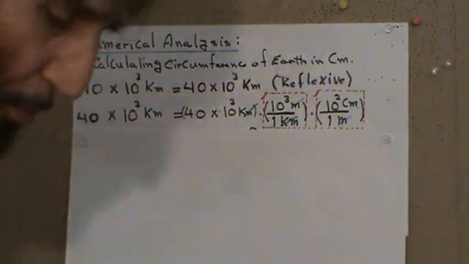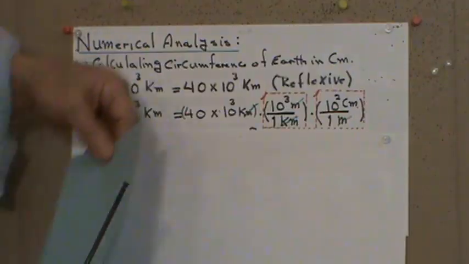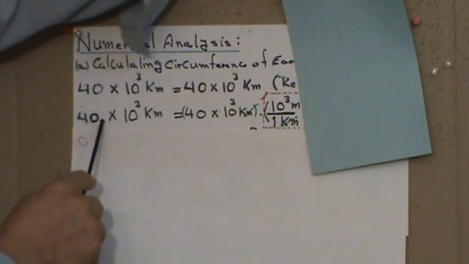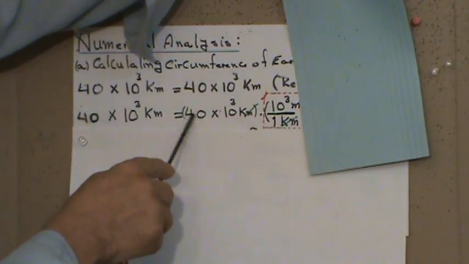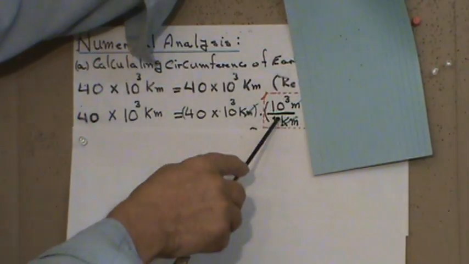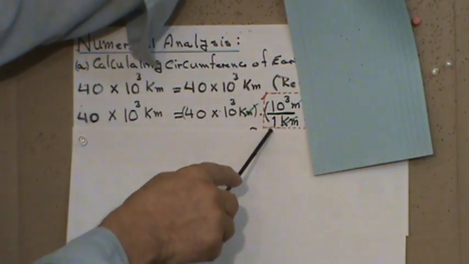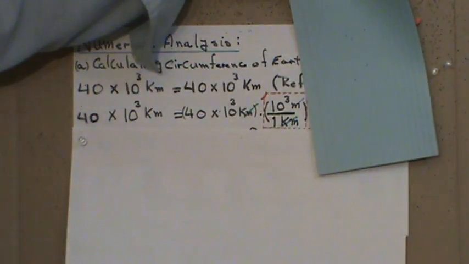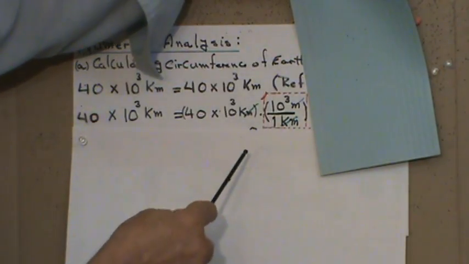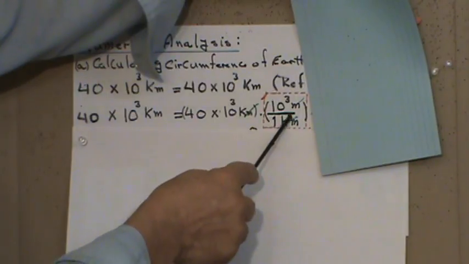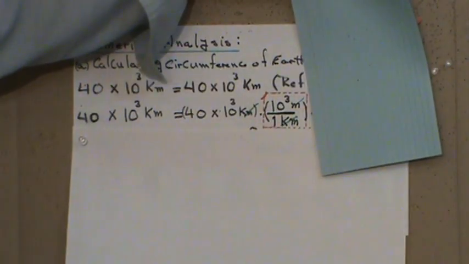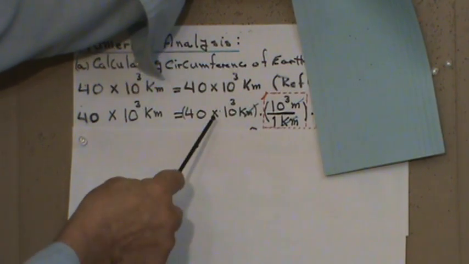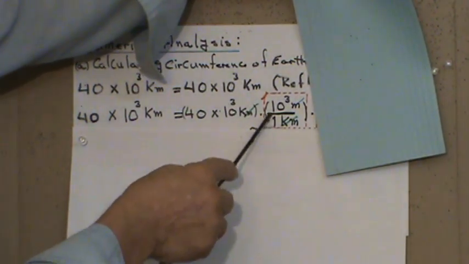So I'm going to write this equal to this, by the reflexive property. Now, 10 to the 3 meter over 1 kilometer is 1. I call it a skinny bar, because 1 kilometer, if I take the denominator out, I can replace it with 10 to the 3 meter, and 10 to the 3 over 10 to the 3 meter is equal to 1. So I'm not doing anything illegal. I'm multiplying this one by 1.